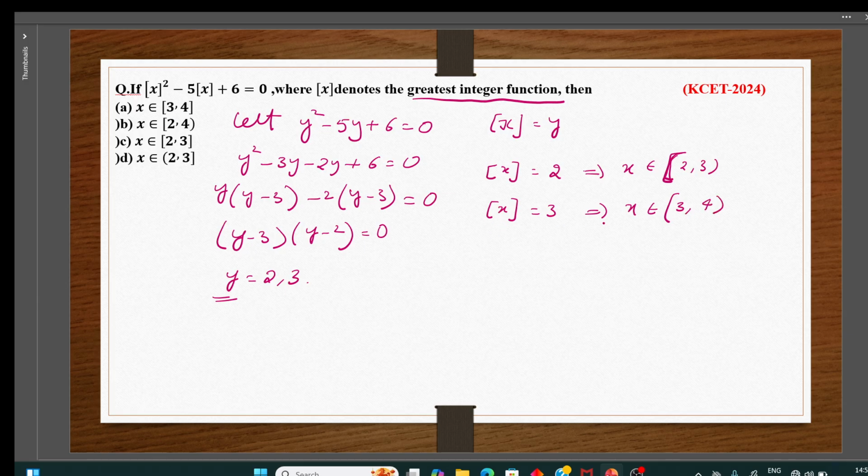Now what is the range of this x? x belongs to [2, 4). So this is the option. Which answer is correct here? Option B is the correct answer.